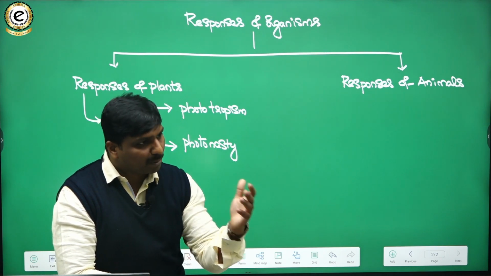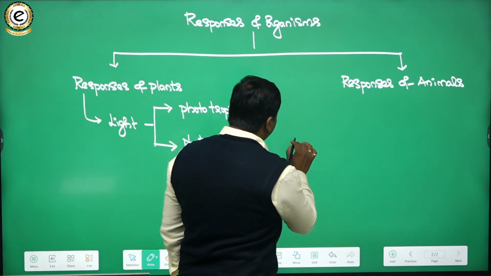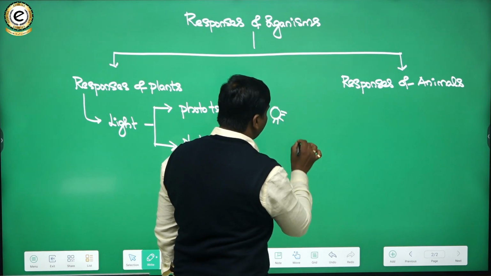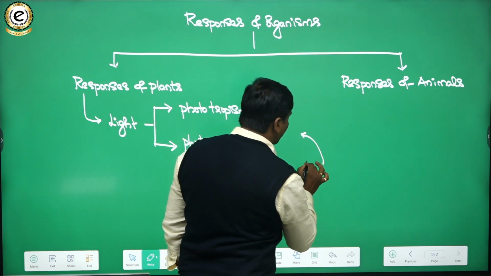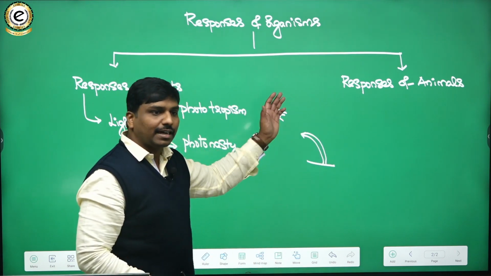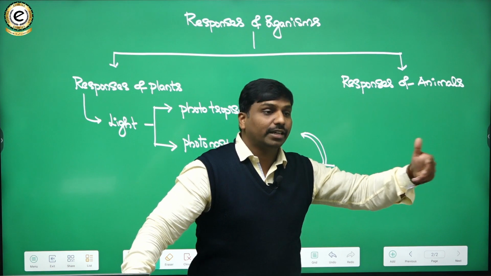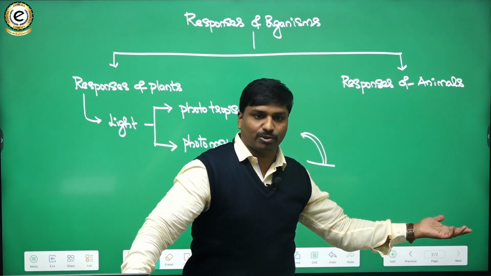What is positive phototropism? For example, if there is a plant and sunlight is coming, and the plant bends towards the sunlight, moving in the direction of the sunlight, that is known as positive phototropism.